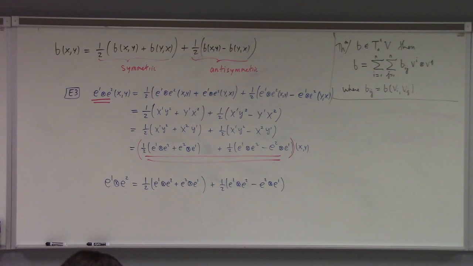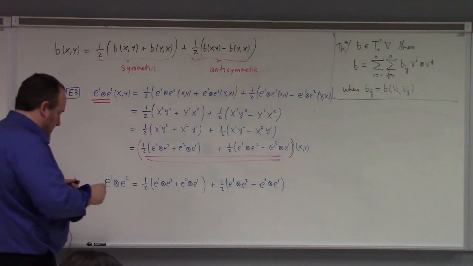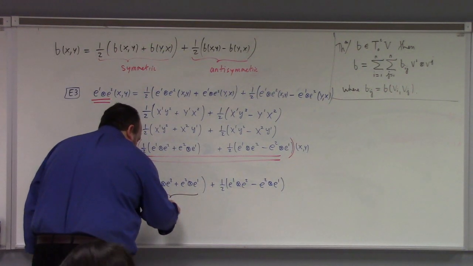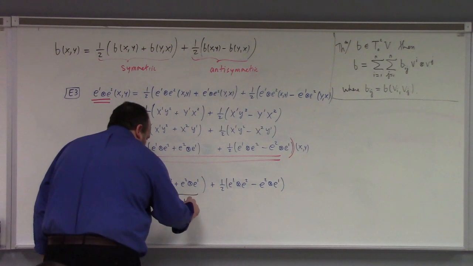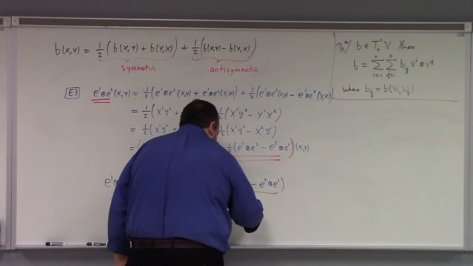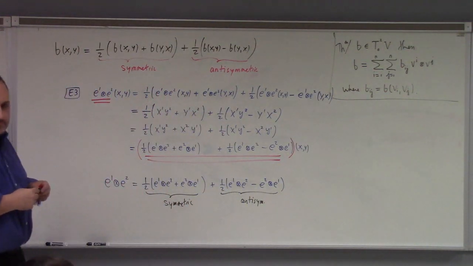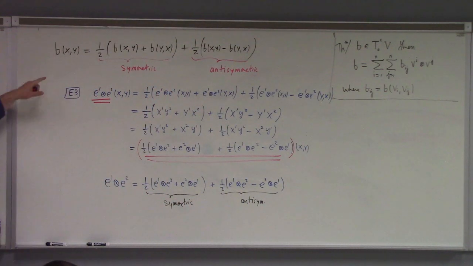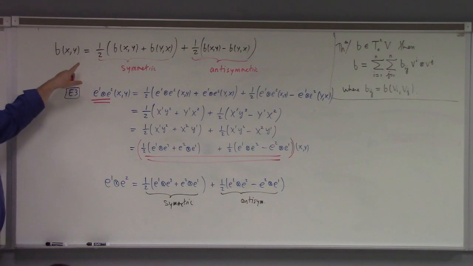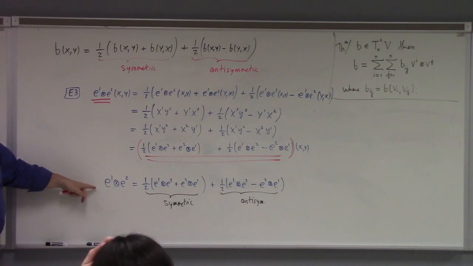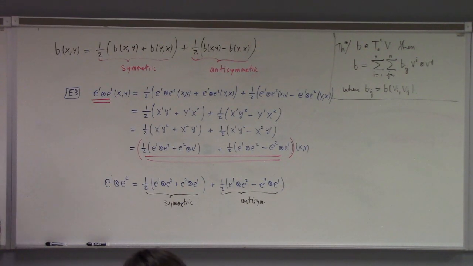And I think that's kind of interesting because what we're looking at here is this is symmetric, right? And this is an antisymmetric bilinear form. So here I have just written it at the level of acting on a pair, right? But here this is an operator, I guess an operator equation.